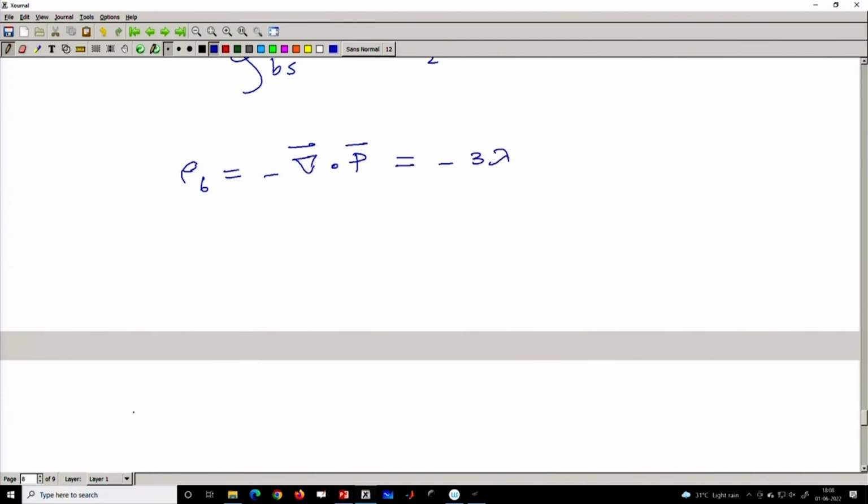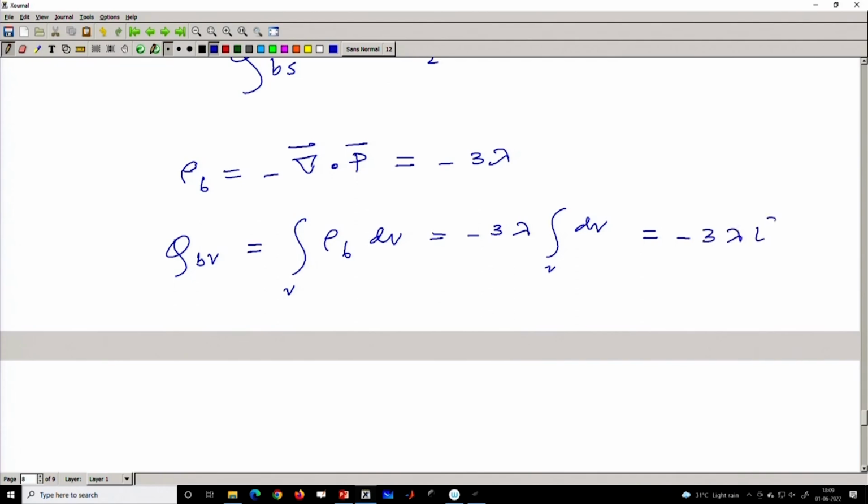So, the total bound charge for the volume should be the volume integration of rho b dV. Now, rho b is minus 3 lambda, and the integration of dV over this cube is the volume of the cube, L cube. So, it should be minus 3 lambda L cube.